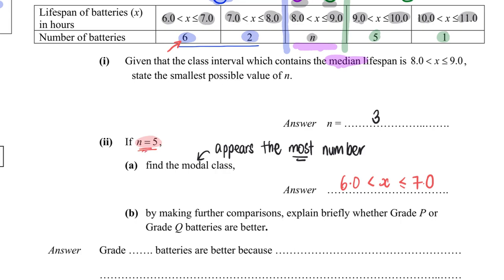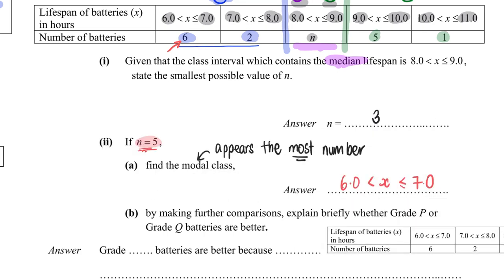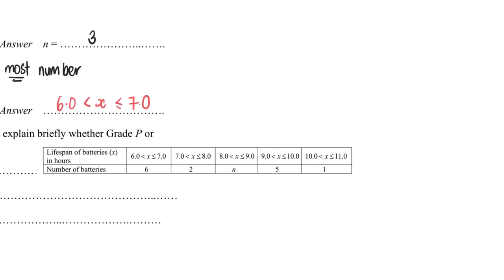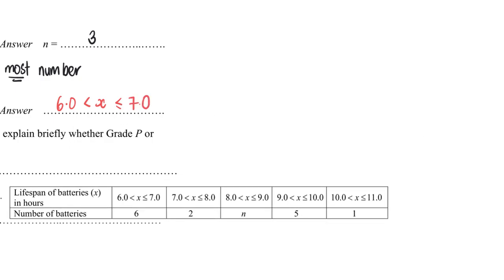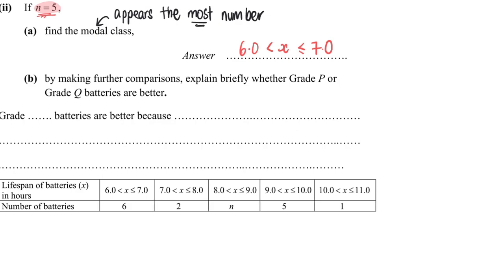So to help everyone, I'm going to paste the table again for the last part, okay? So bear with me for a while I put the table here at the side. And in this case, let me just put it below, okay? So that it's easier for us to see.